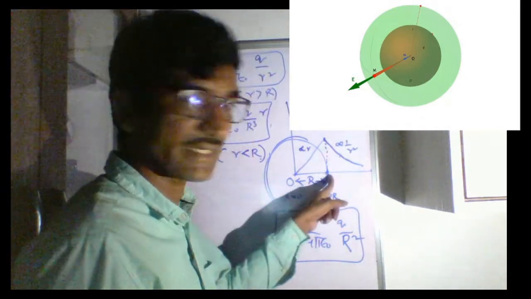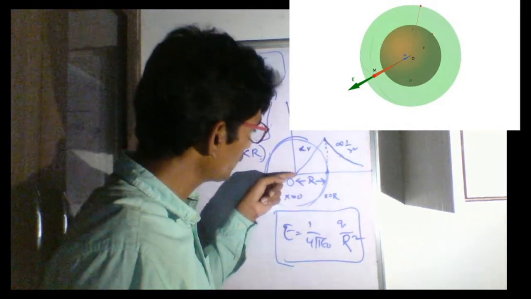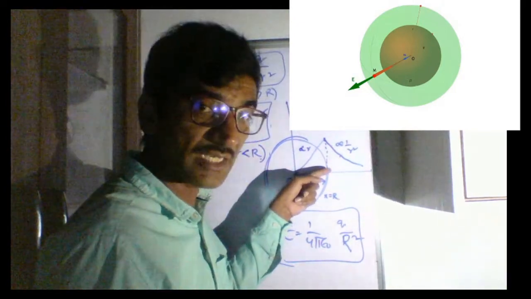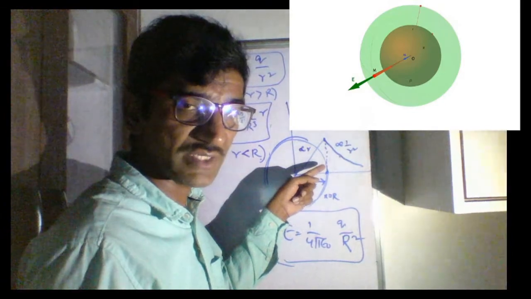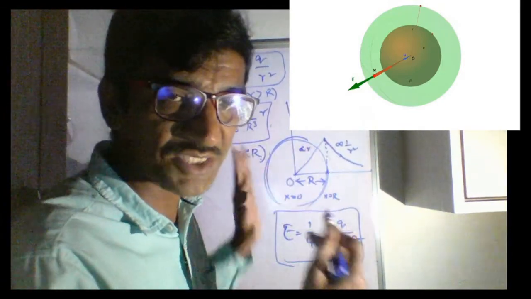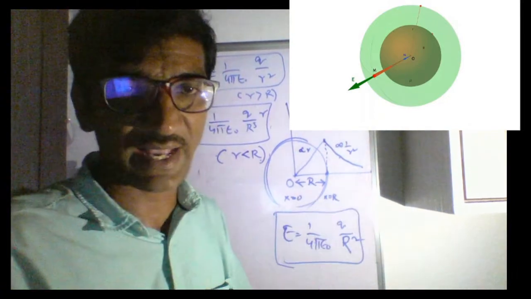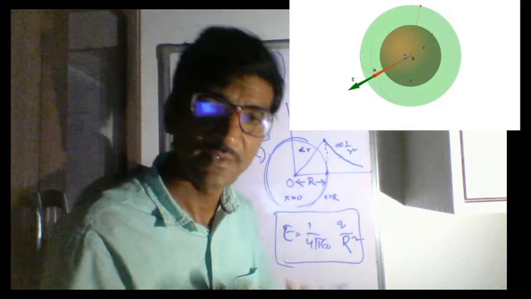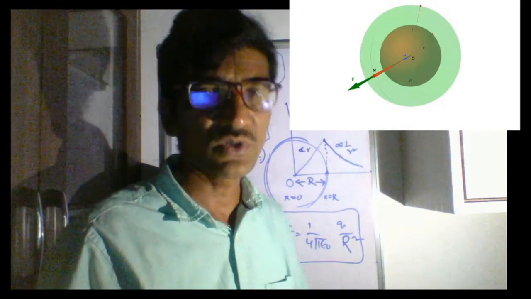Where do you find it? Here at the border. As you move towards the border, field intensity goes on increasing until you reach the border. After you cross the border, the electric field intensity gradually decreases as 1 by r square. This information we got from the Gauss law of electrostatics.